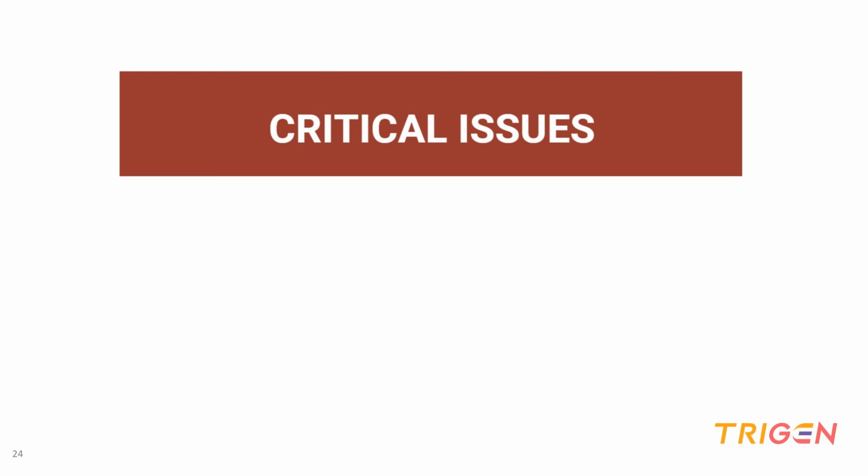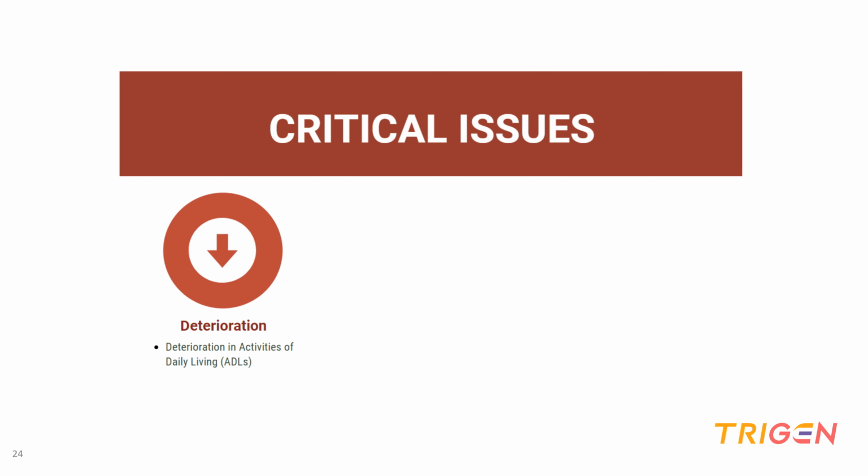There are some critical issues that come along with dementia. As mentioned earlier, an individual will experience gradual deterioration in activities of daily living. Usually, their IADLs will be affected first, followed by BADLs.